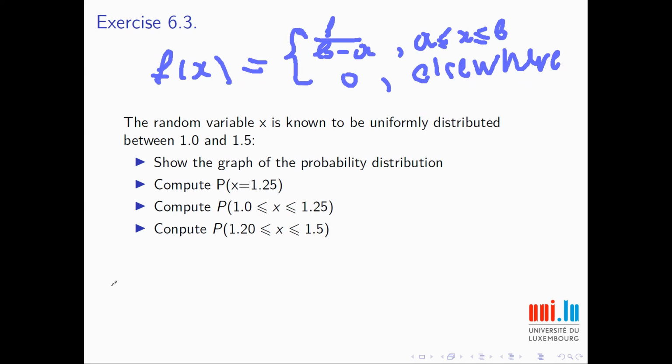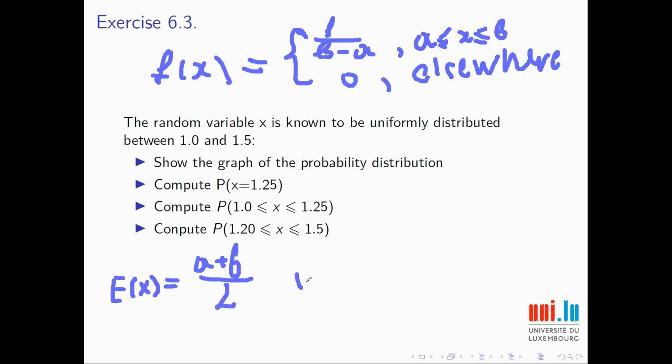Also some facts about the uniform distribution. Please remember that the expected value of a uniformly distributed random variable is equal to a plus b divided by 2, which is just the middle of the interval where the random variable lies.